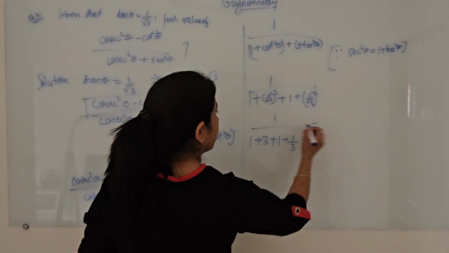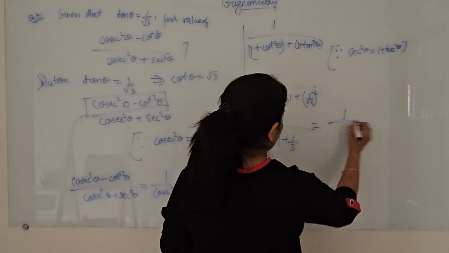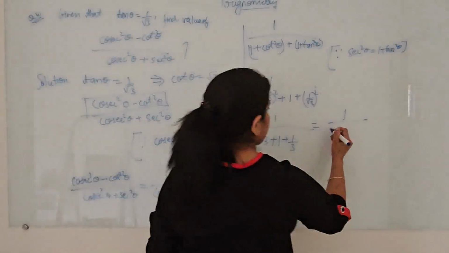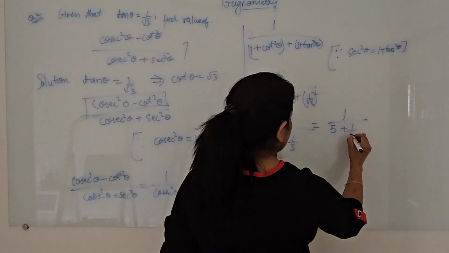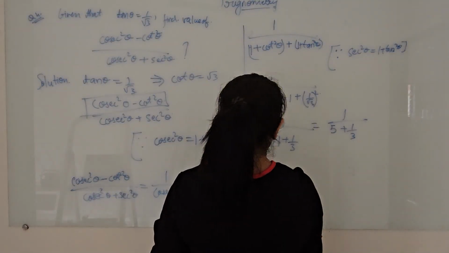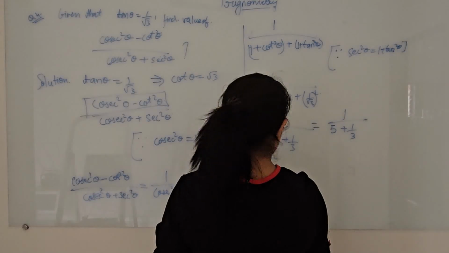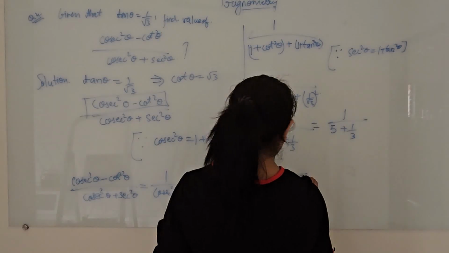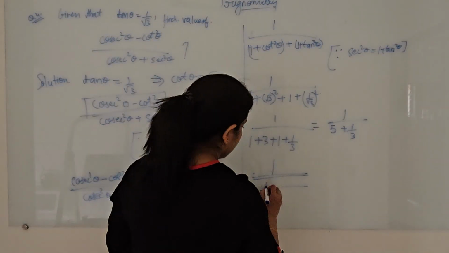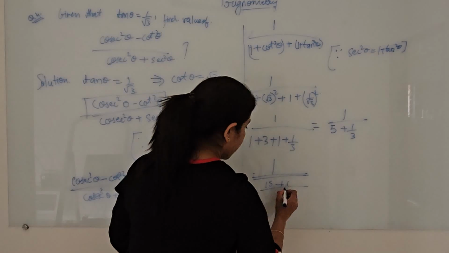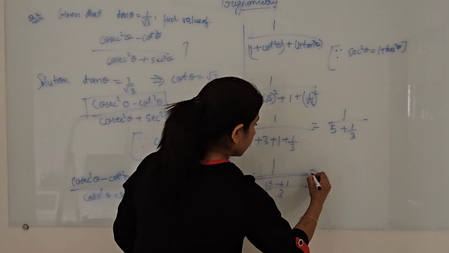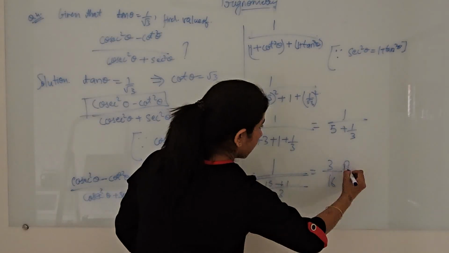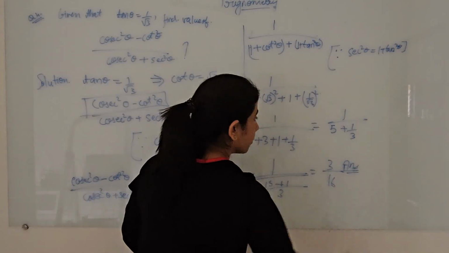Which gives us 1 plus 3 plus 1 will be 5, plus 1 by 3, which will be equal to, now taking 3 as an LCM, I'll be getting 15 plus 1 upon 3, which is equal to 3 upon 16, and this is my required answer.